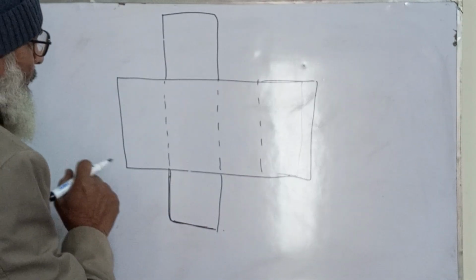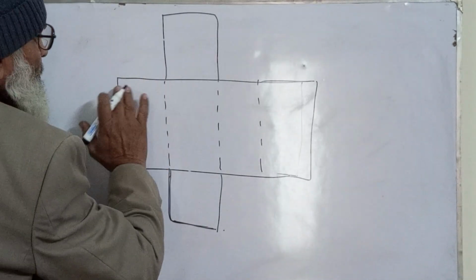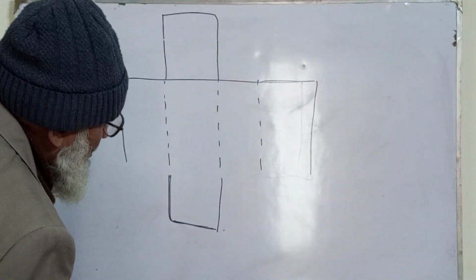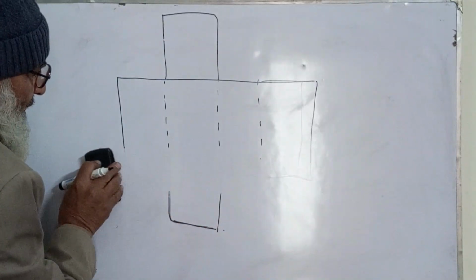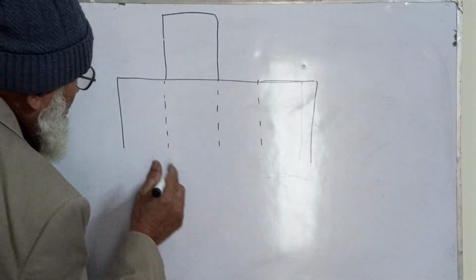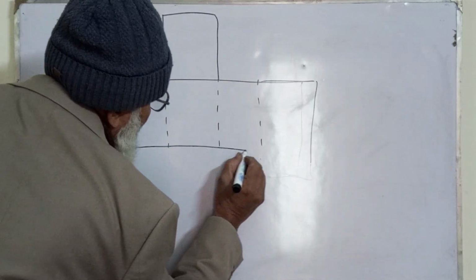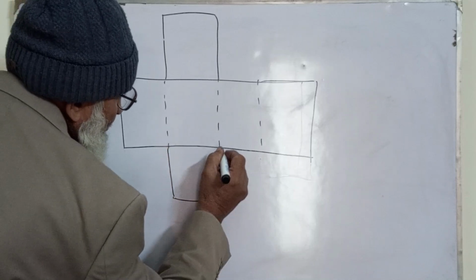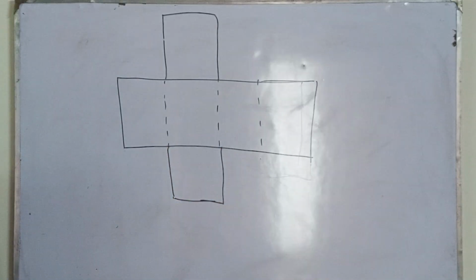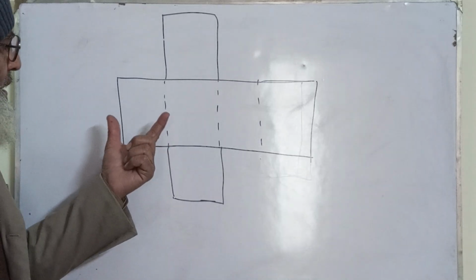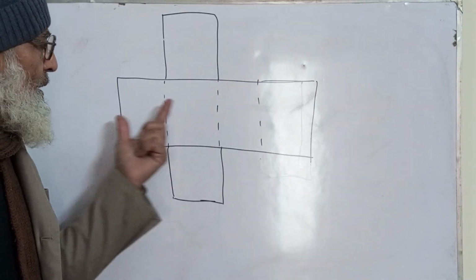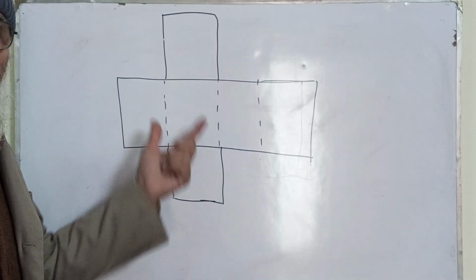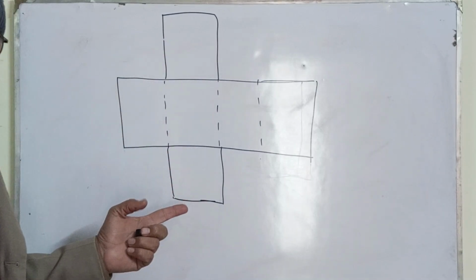Let me do it a little more precise. Now you can see four squares over here: one, two, three, four. Two squares on the top and on the bottom.